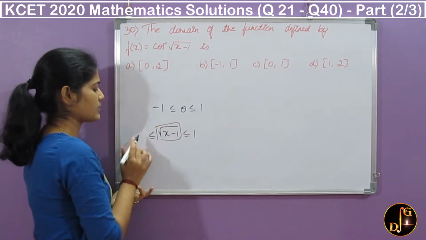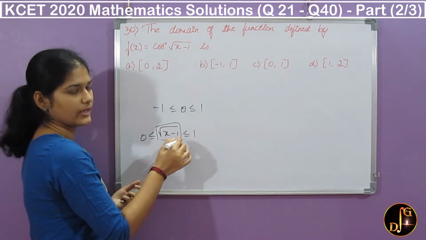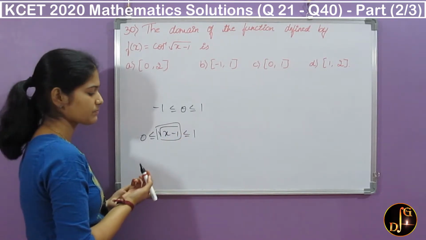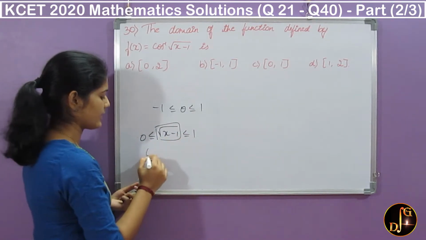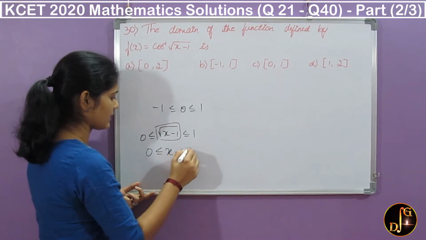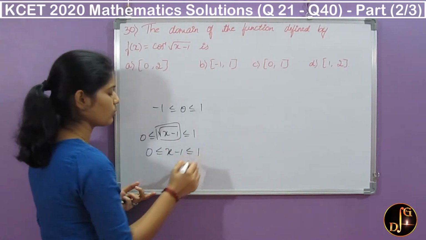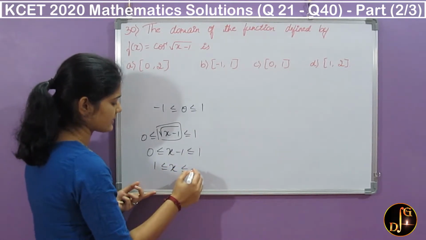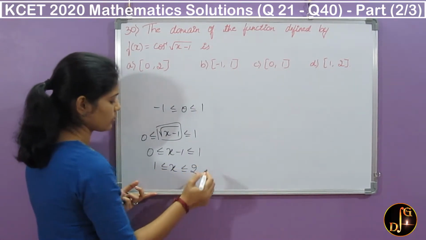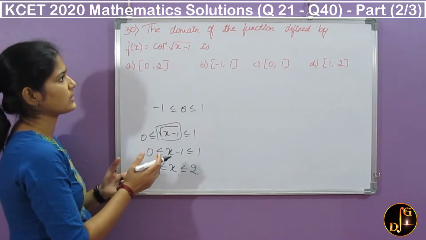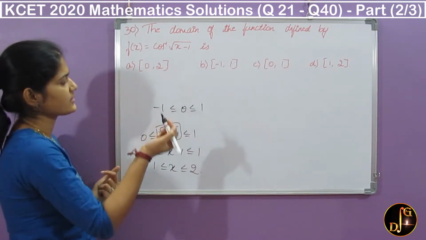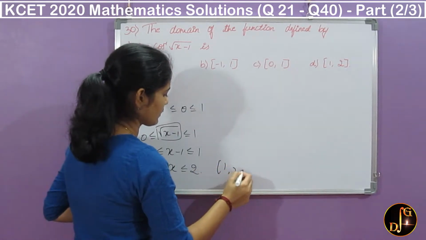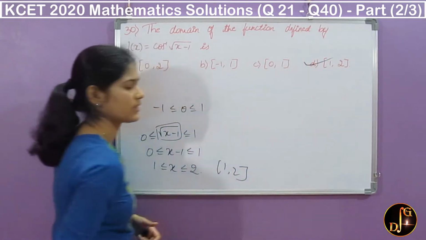So it will be 0 less than or equal to root x minus 1 less than or equal to 1. Squaring this inequality, we will get 0 less than or equal to x minus 1 less than or equal to 1. Adding 1, 1 less than or equal to x less than or equal to 2, right? So the domain for x is 1 to 2. That is option D, right?